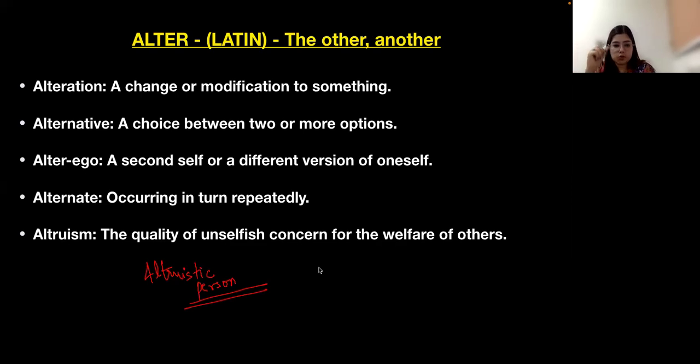This person or this sort of person would think about others first and then think about himself or herself. So someone who is very, very selfless, someone who cares about other people more than himself or herself would be an altruistic person. And this quality that one possesses is known as altruism.